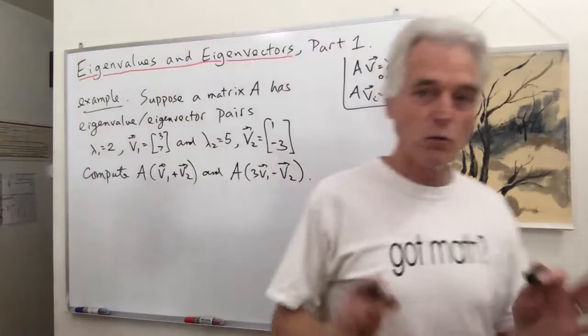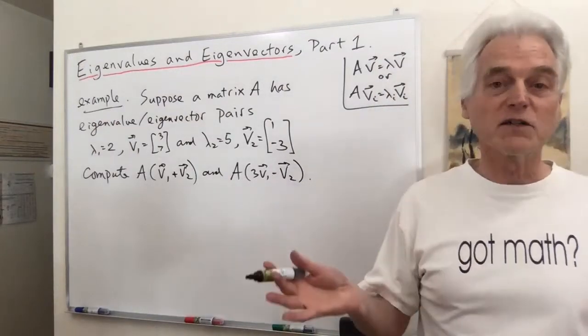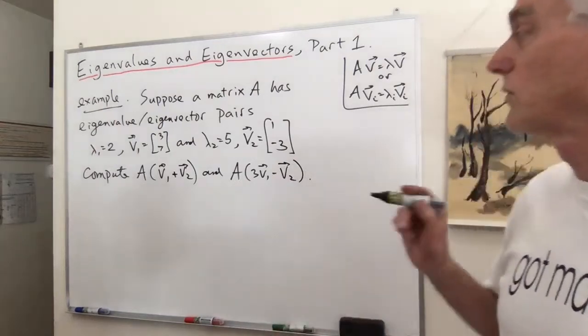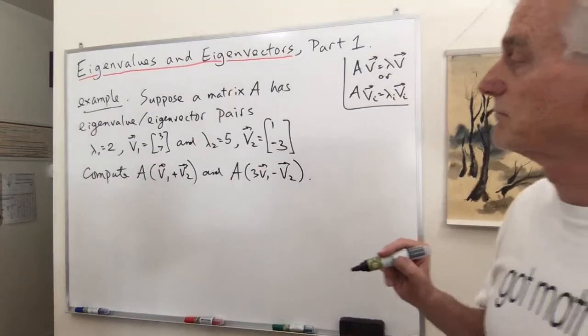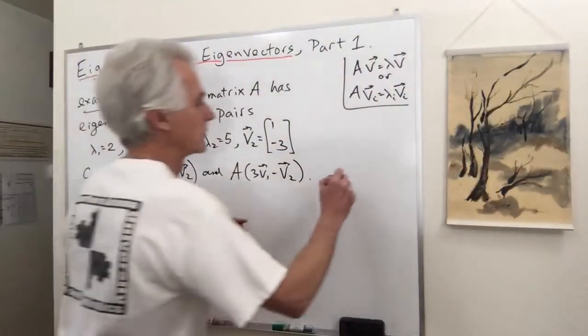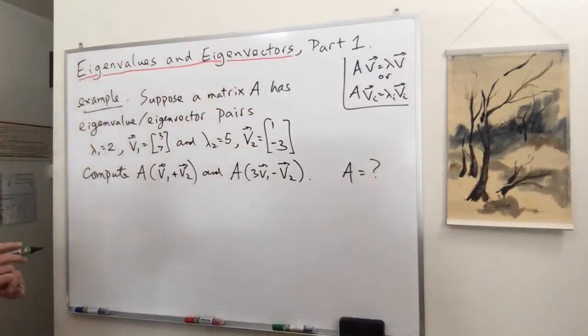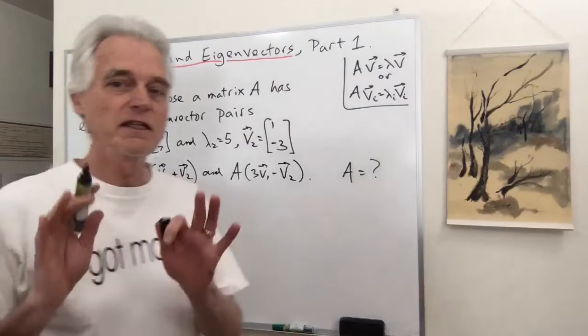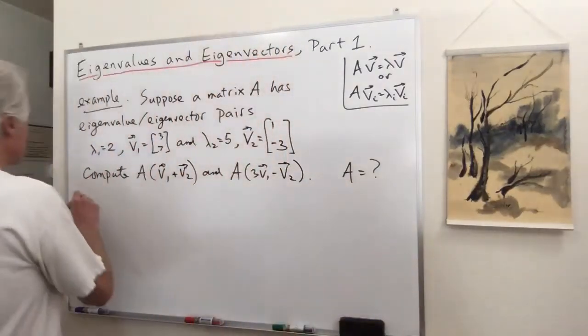Okay, now what's the weird thing about this? I didn't tell you what A is, right? I didn't tell you what A is. But we're using the linearity of matrix multiplication.